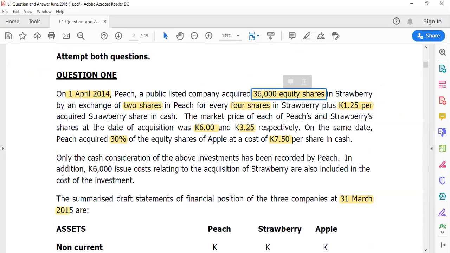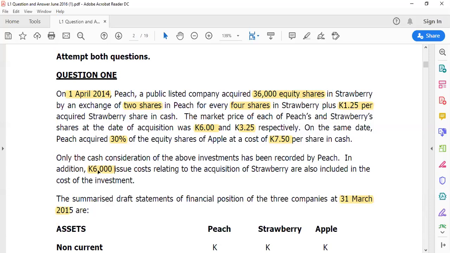Then in addition, 6,000 issue costs relating to the acquisition of Strawberry are also included in the cost of investment. 6,000 issue costs are included. So what this means is, remember what we were talking about, what can make you buy at less than the fair value. Sometimes you may forget to account for issue costs. Then you think you've bought at a lower price, when you've incurred other costs.